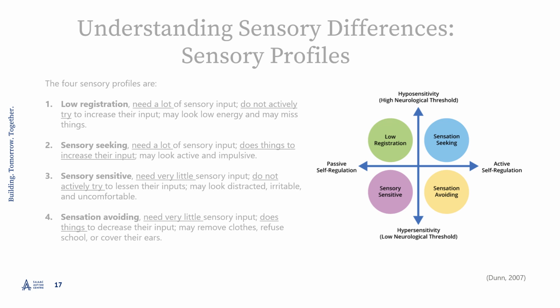The final sensory profile is sensory avoiding on the bottom right of the quadrant. These people also have a low threshold for input and need very little of it. They use active self-regulation strategies, so they do things to decrease their input. So these people may remove their clothes, refuse school, or cover their ears in a noisy environment.